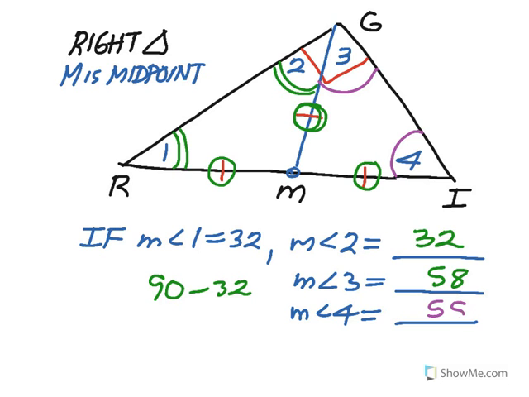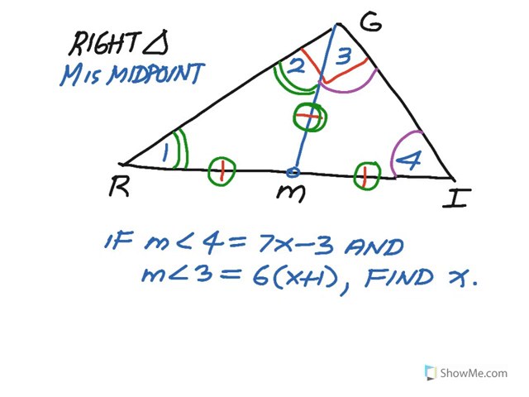Okay, so for a second example, we're told if angle 4 is equal to 7x minus 3, and angle 3 is equal to 6x plus 1, find x. Well, as we just said in the last example, angle 3 and angle 4 are congruent to each other, so I just equate these 2 expressions. So 7x minus 3 must be the same value as, if I distribute, 6x plus 6.